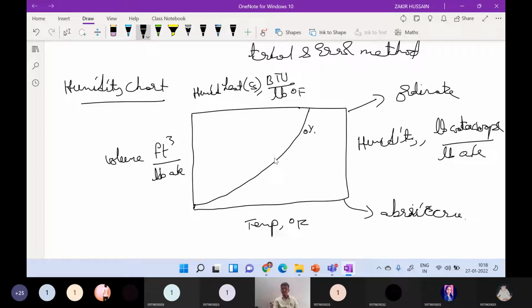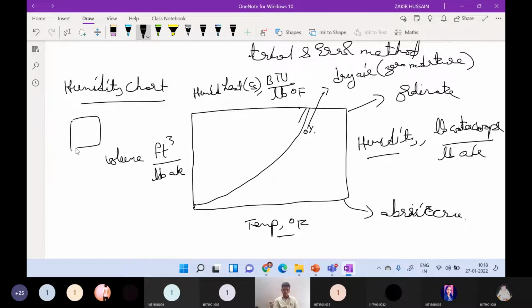0% humidity means it is dry air, meaning zero moisture or zero humidity. At that particular air temperature, what is the humidity of the air, H versus T. Then, in the adiabatic saturator, air is getting in and air is getting out, and in between we spray some water.